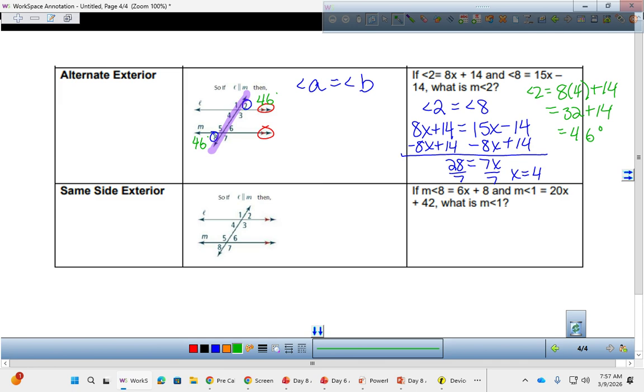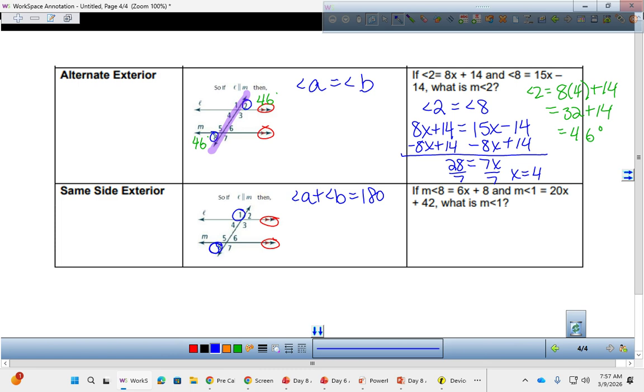Everybody see what I did to get angle 2? I just took that equation and plugged x in. All right, our final relationship only works if lines are parallel and same side is supplementary. So angle A plus angle B equals 180. And this one's talking about angle 8 and angle 1.